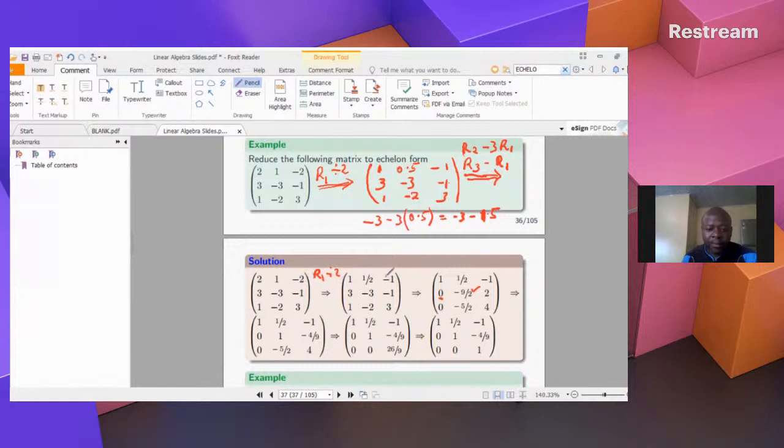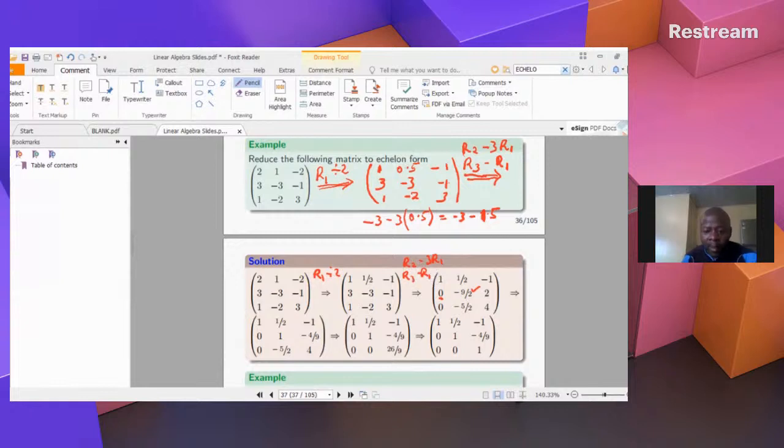Negative 2 divided by 2, which is negative 1. Then in this step, I took row 2 minus 3 multiplied by row 1. Then I also took row 3 minus row 1.